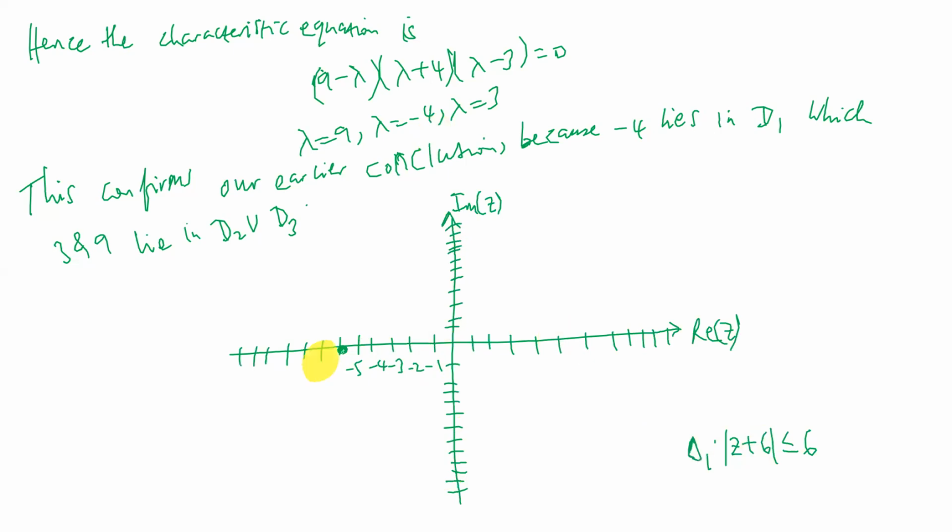So it's sitting at minus 6, and you want to draw this disk, so it's going to be 6 units away from this. So how do you count 6 units? It's going to be here, counting 1, 2, 3, 4, 5, 6 units. Then you're going to have a point here, and count again 1, 2, 3, 4, 5, 6, and you'll have another one here. So if this one is minus 6, then minus 7, minus 8, minus 9, minus 10, minus 11, minus 12.